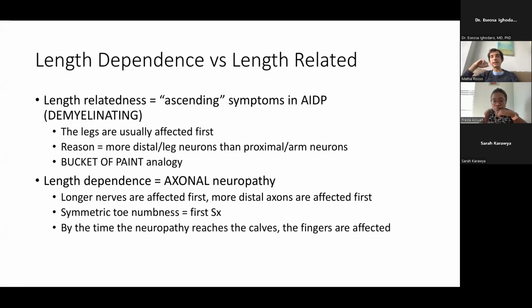Now, the reason why axonal processes have this length-dependent phenomenon is that axonal processes affect the axon and the cell body, which is really where all the nutrients are made. Everything gets synthesized there, and then it has to travel from the cell body all the way down to whichever part of the neuron needs nourishment, right?